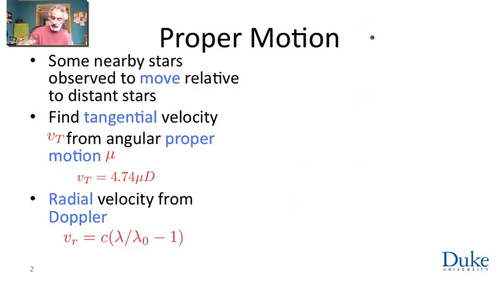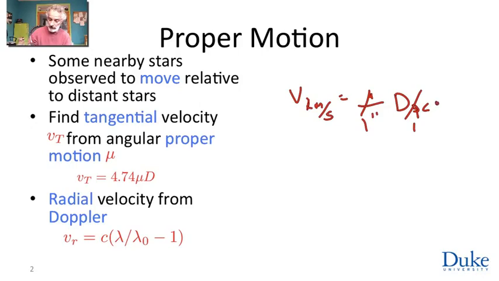And so in kilometers per second, one finds that V in kilometers per second is basically given by mu divided by 1 arc second times D in parsecs times a collection of conversion factors converting parsecs to kilometers and years to seconds, and the net result is that the conversion factor, you can do the algebra, is 4.74. So that's the meaning of this rather dimensionally confusing expression that we have here. This is how we measure a star's transverse velocity.